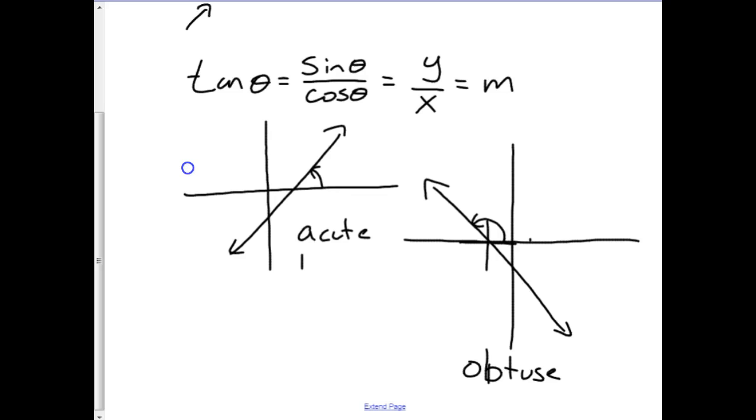So in other words, a positive slope creates an acute angle, and a negative slope creates an obtuse angle. Those are things that you need to remember.